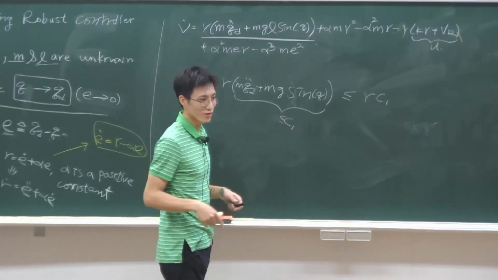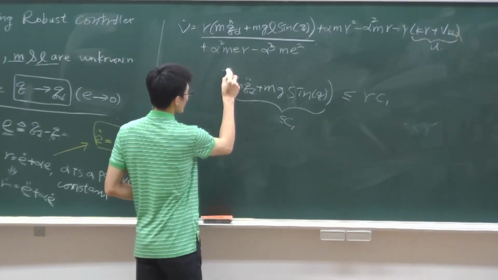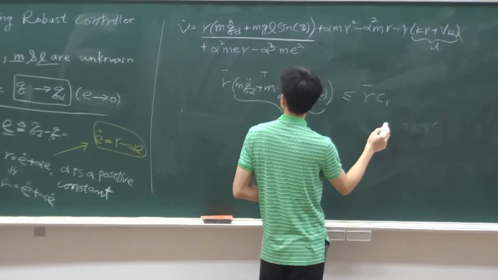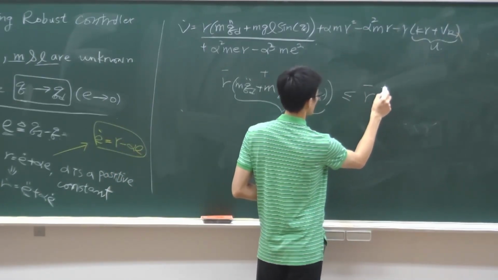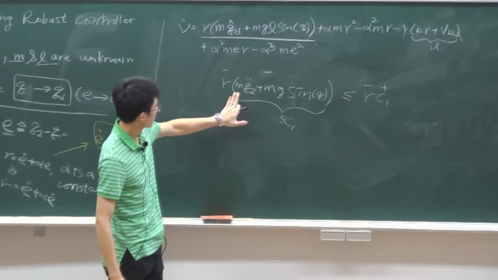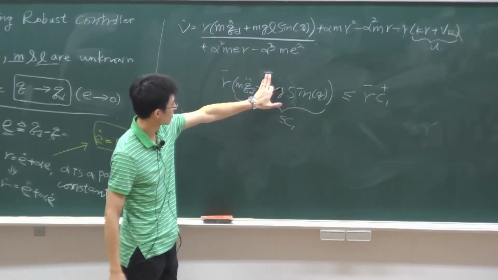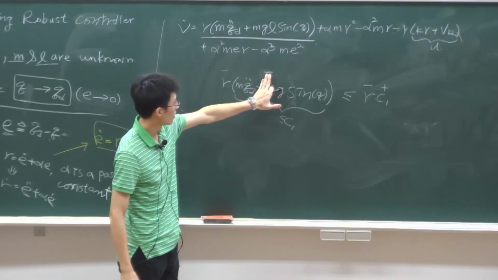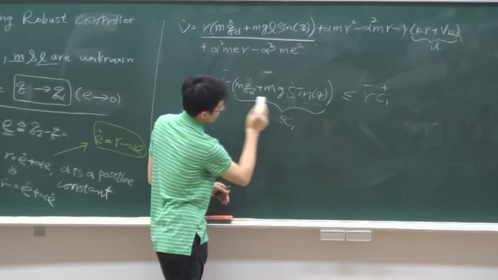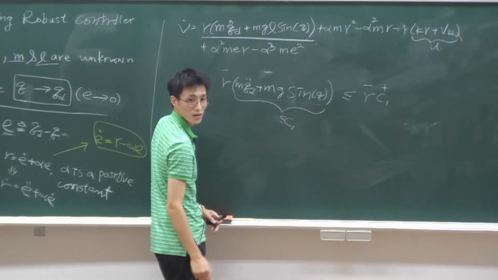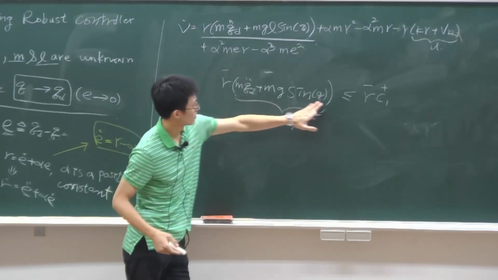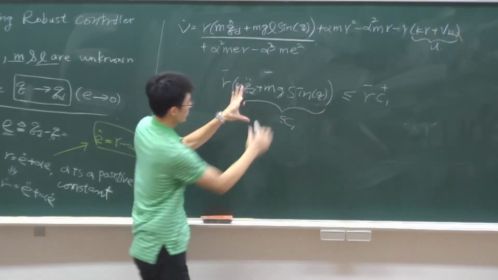Let me give you a counter example. Negative, positive, negative. Sorry, negative. It's unknown, right? If this summation is negative, it is still upper bounded by C1, which is positive. That's correct, this upper bound still holds.